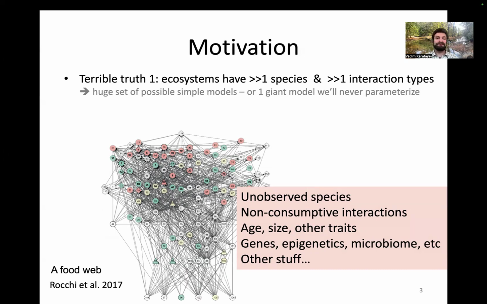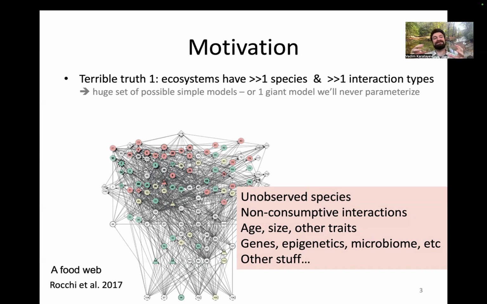What that means is that there's a huge set of possible simple models that will do a very good job of explaining nearly all of the dynamics, but which set of processes and species are important, we don't know a priori. You can also look at this as, there are many species and interaction types, so maybe the right model is something really, really huge. I don't think that's right, because if that's true, we'll never be able to parameterize that model.